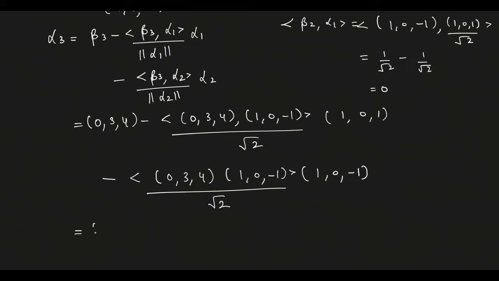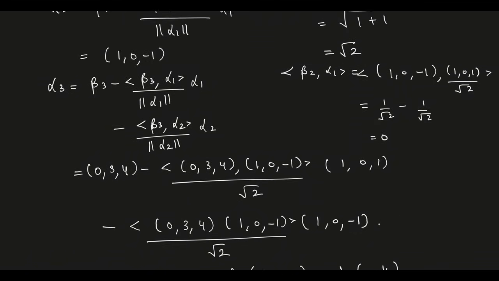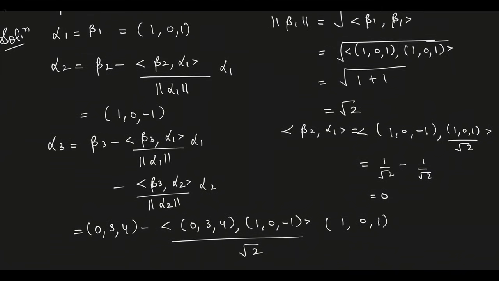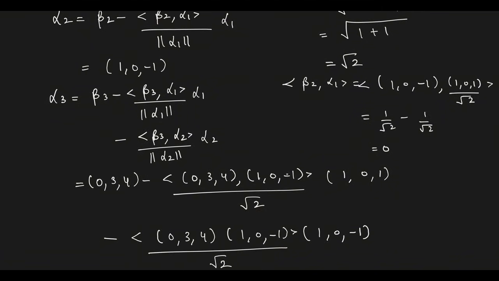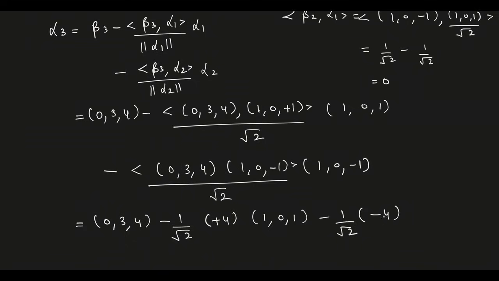Now let us solve this. 0 3 4 minus 1 by root 2, this is 0 plus 0 minus 4, minus 1 by root 2, again minus 4, with alpha 1, it is plus 1, right? So this is plus 4.